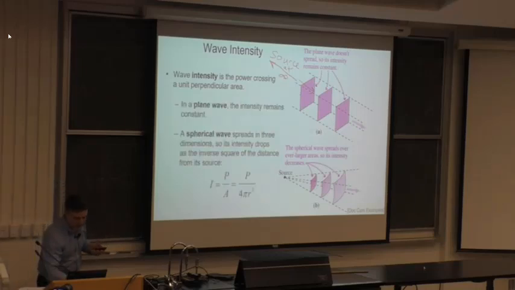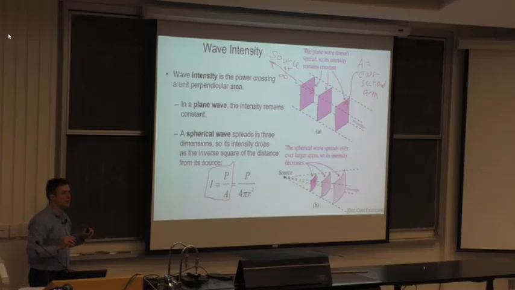The intensity is power divided by A, where A is the cross-sectional area. Sometimes I call it the area, or I call it the cross-sectional area, because the area that matters is the area that is perpendicular to the direction that the waves are traveling.